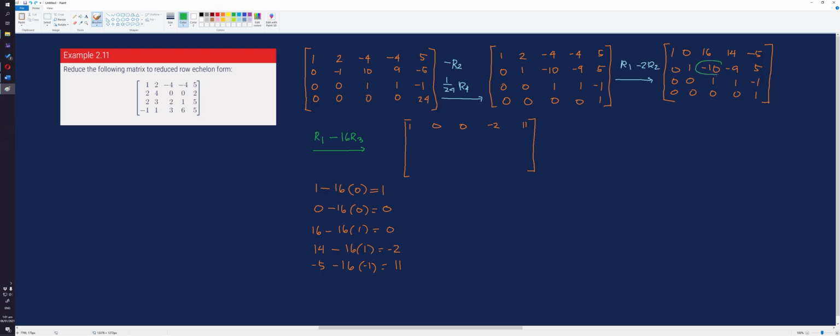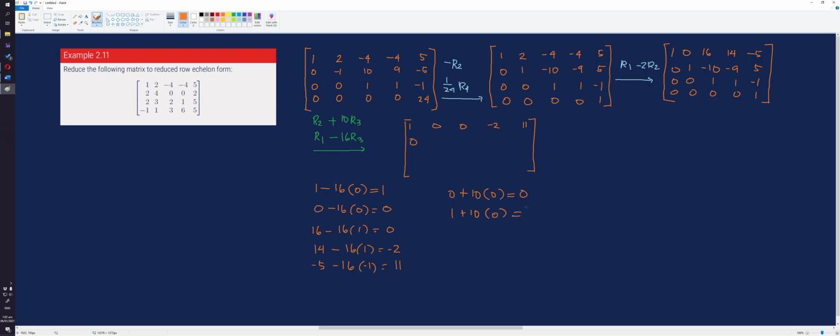Also, we need to change this one to 0. Therefore, we can do that one by performing this operation. That is R2 plus 10 R3. So the first element of row 2 is 0 plus 10 times the first element of row 3, which is 0. Perform the operation. This is equal to 0. Next, second element of row 2, which is 1, plus 10 times second element of row 3, that is 0.